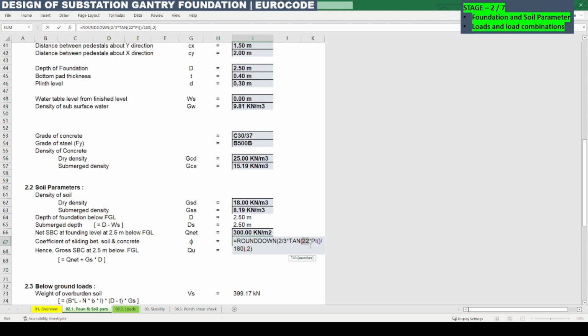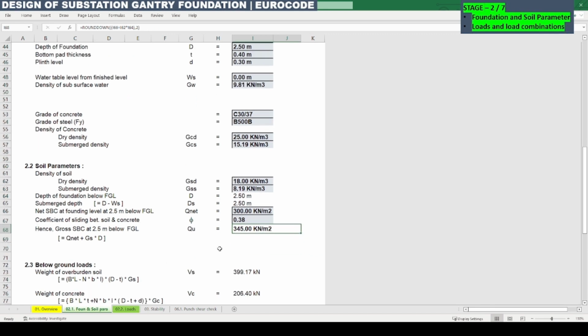Generally it will vary from 15 or 18 to 30 degrees, so we need to take it from the soil report. If it is 30, then tan 30 into 2/3 we need to consider as the coefficient of sliding between soil and concrete.